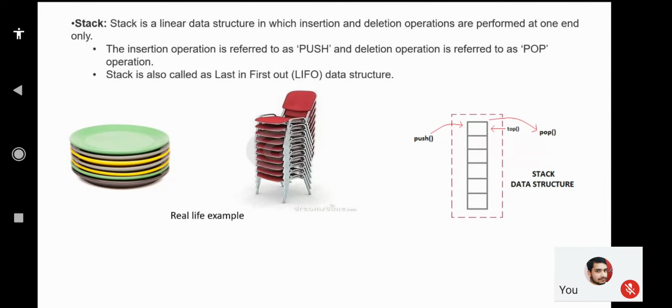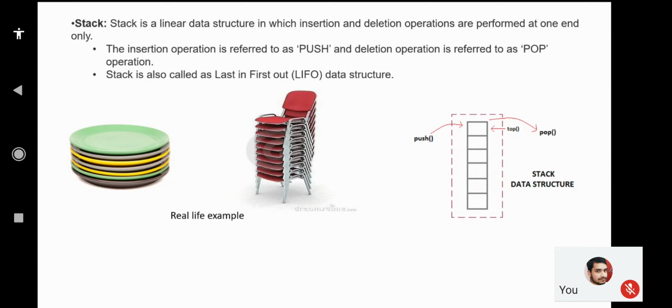Now I am giving you an example. Suppose this is the example. Here, what is it? These are plates. Now, if you want to take any plate, how can you take that plate? Always you take the plate from the top. Is this clear?